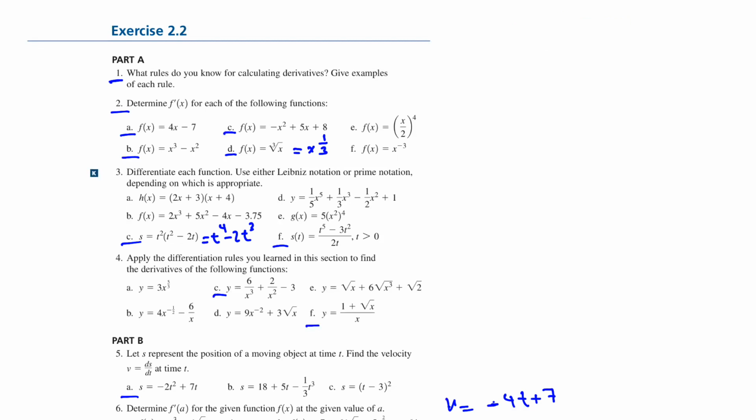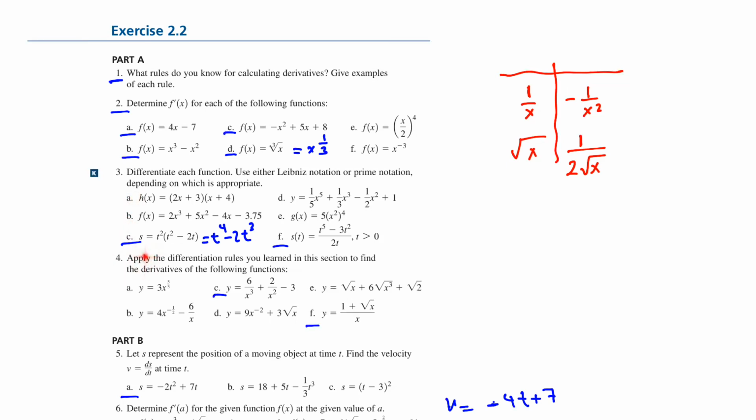It's good to know the derivative of 1 over x is negative 1 over x2, and the derivative of square root of x is 1 over 2 root x. The derivative of square root of x is the derivative of x to the power of 1 over 2.